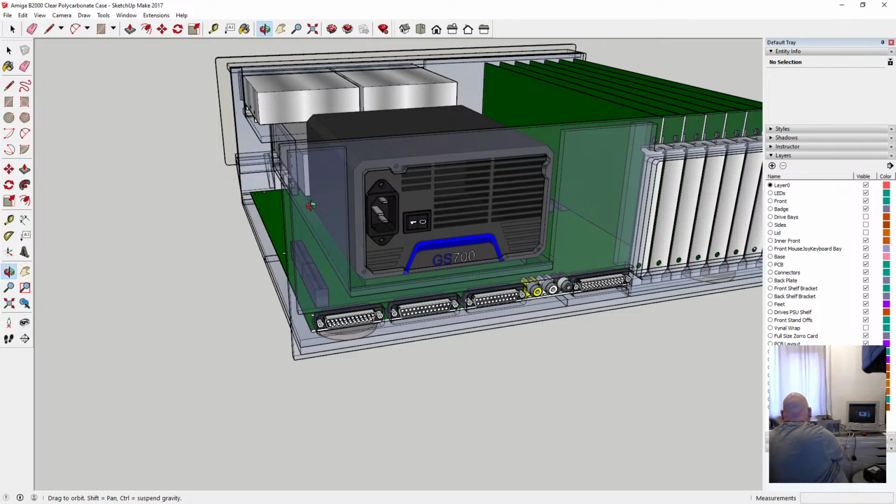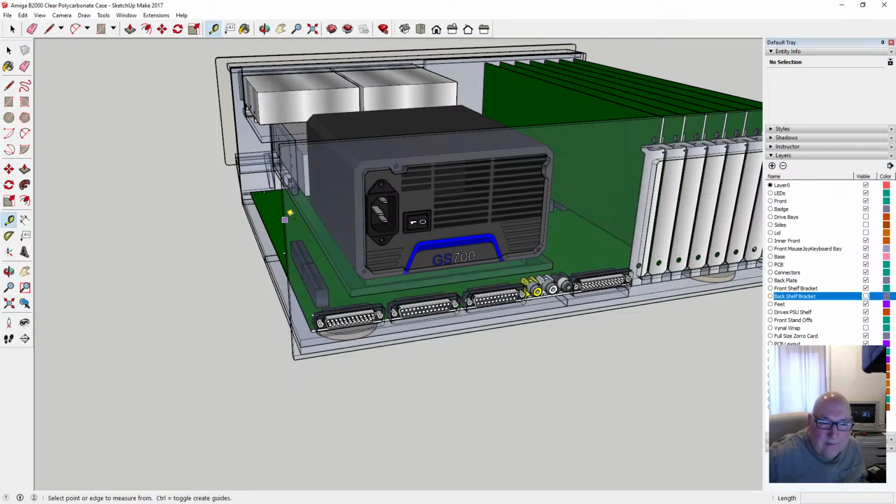I don't know how to measure this, I suppose. Let's just go from the edge. From the edge it's about 7.5 millimeters. So I'll turn off the inner back shelf.